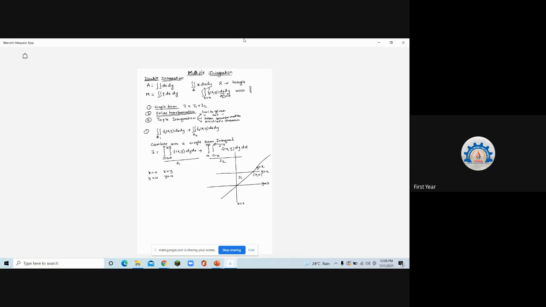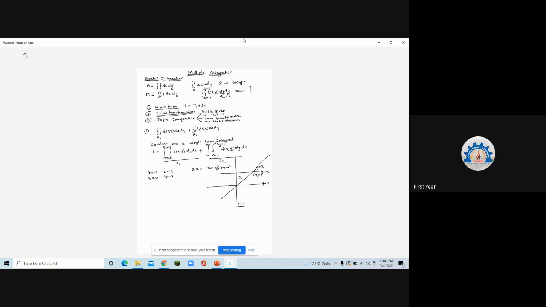Now for I2, what are the limits? x is equal to 0 and x is equal to a square by y. So that means xy is equal to a square. x is equal to 0 is again this line only. And xy is equal to a square is a rectangular hyperbola.